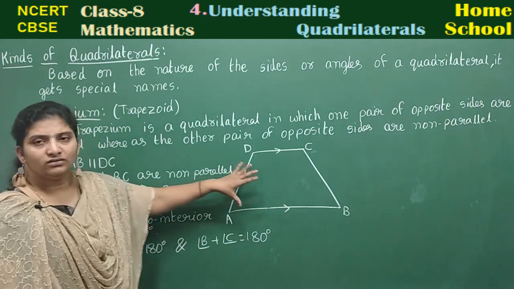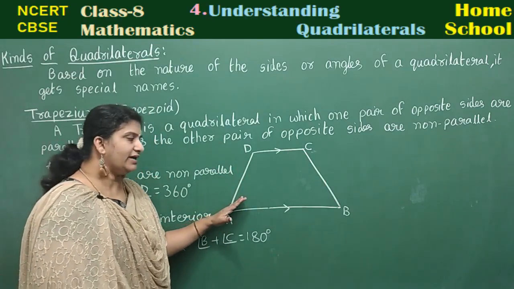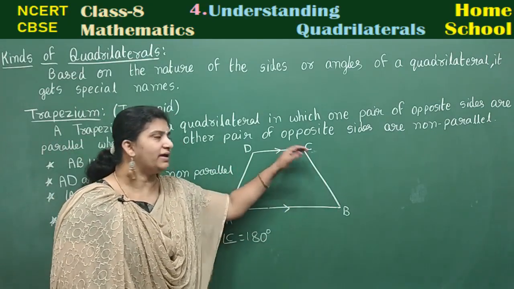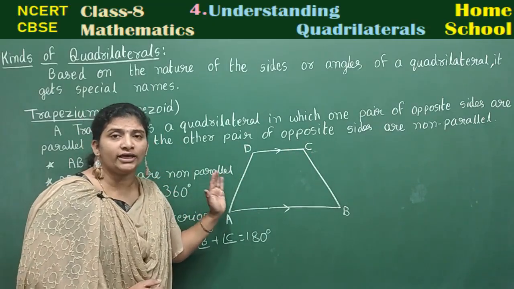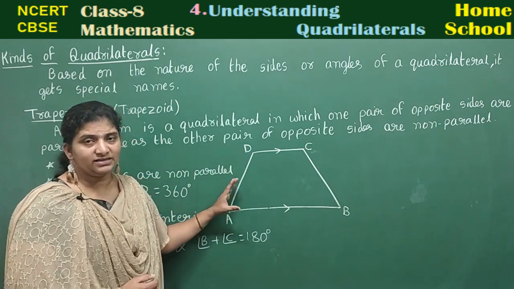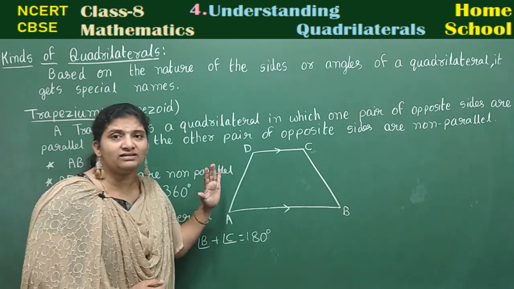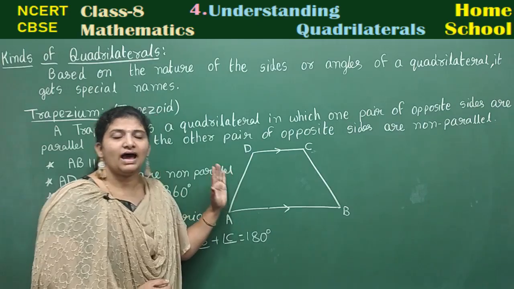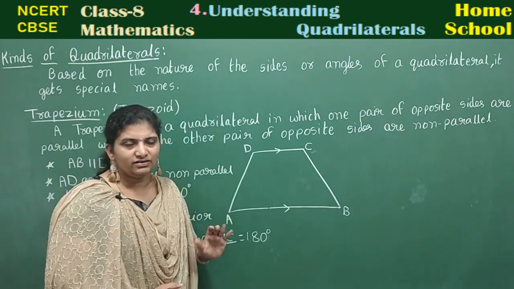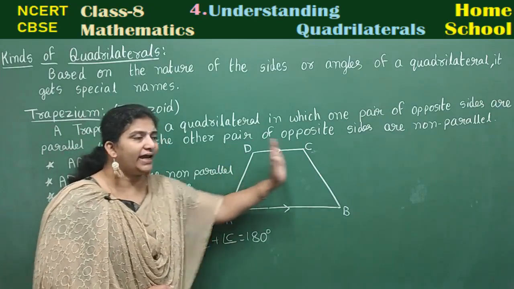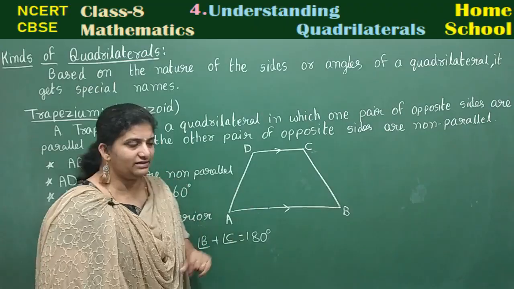Look here, these are all interior angles: angle A, angle B, angle C, angle D. But now I am talking about the co-interior angles, the angles created by the non-parallel sides. Which are the non-parallel sides? AD, BC. These 2 are the co-interior angles.